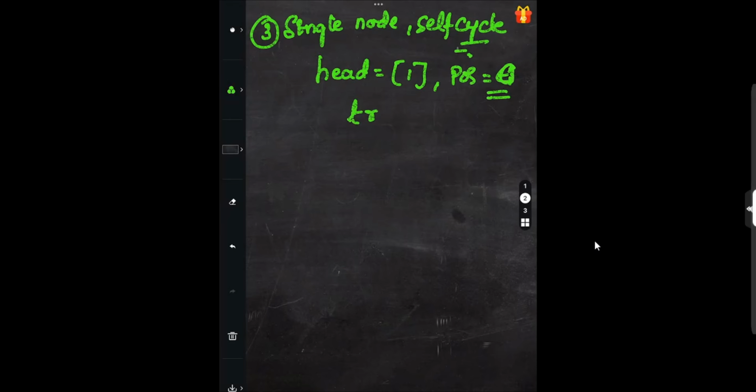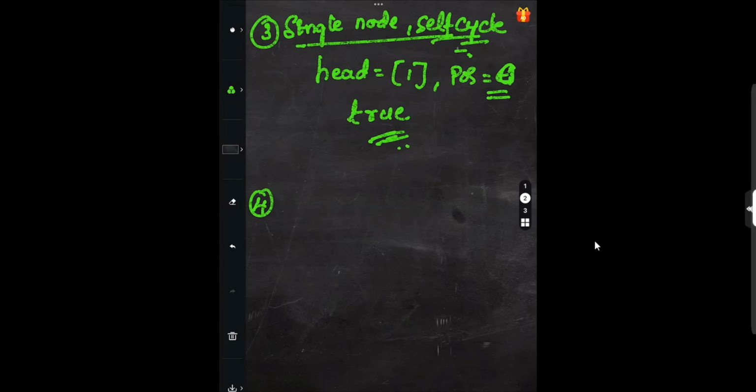So this will be true. We are having a loop at 1. A single node pointing to itself forms a cycle, and the output will be true.